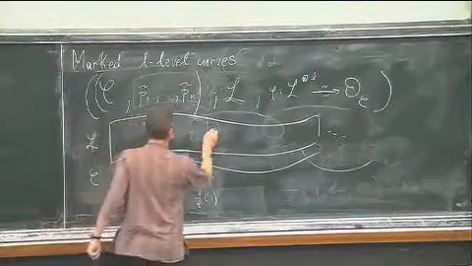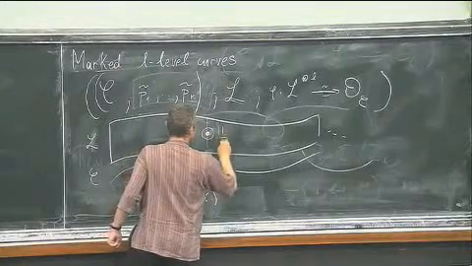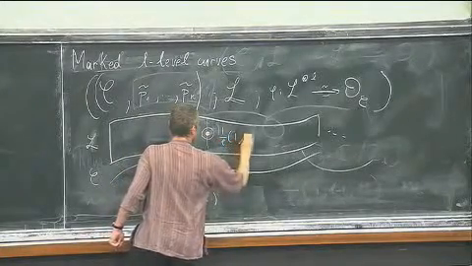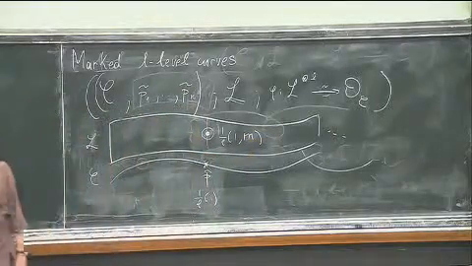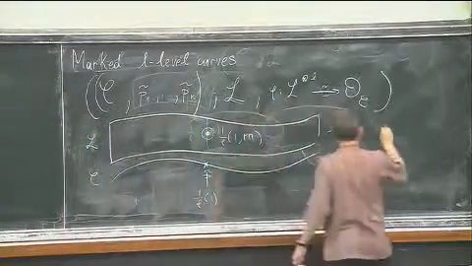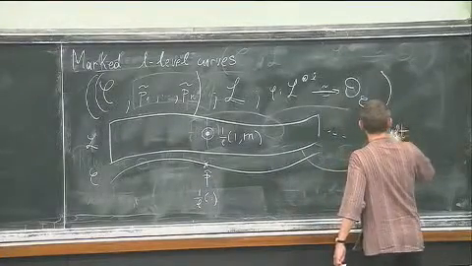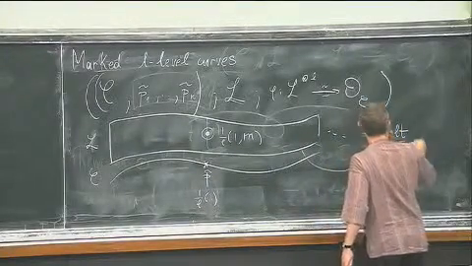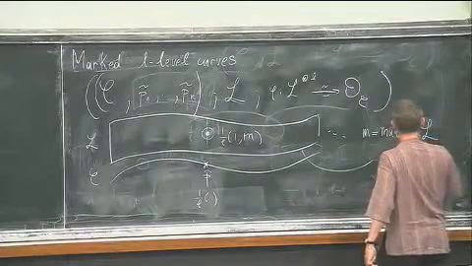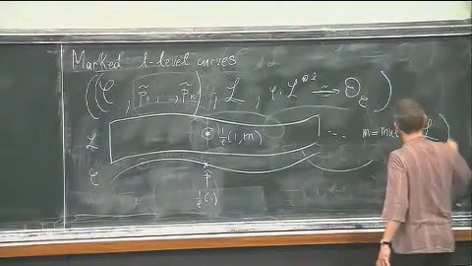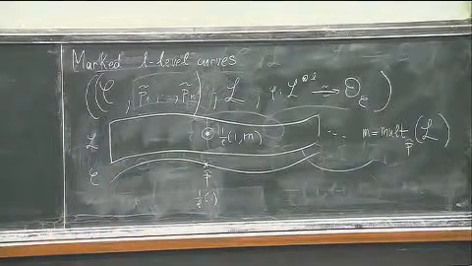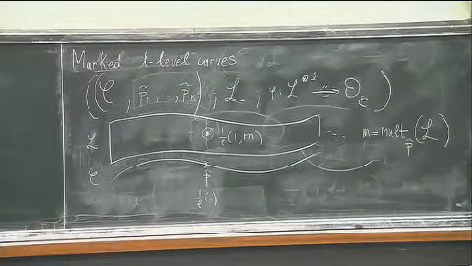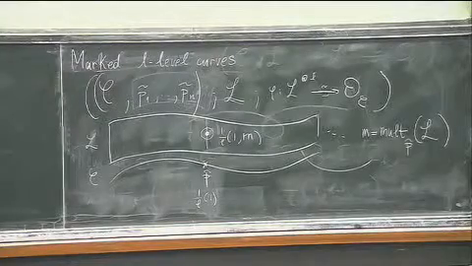The local picture here is going to be of this shape. This M is what I will call the multiplicity of L at the point P. And this is going to be used in the enumerative geometry in a minute.